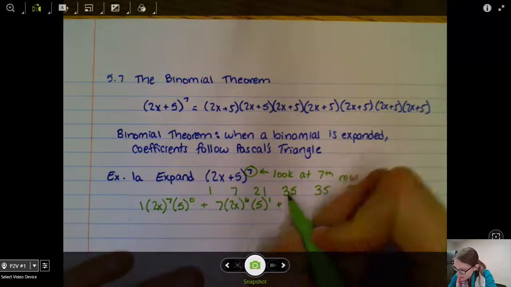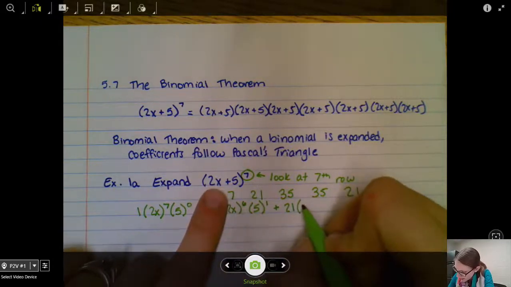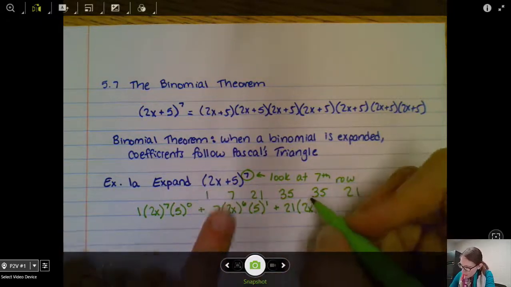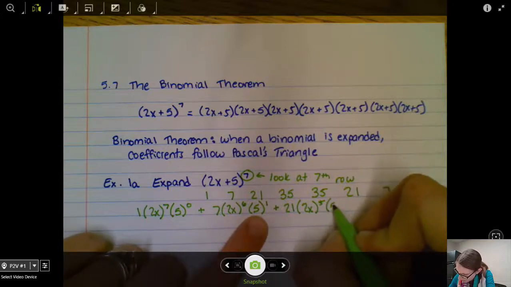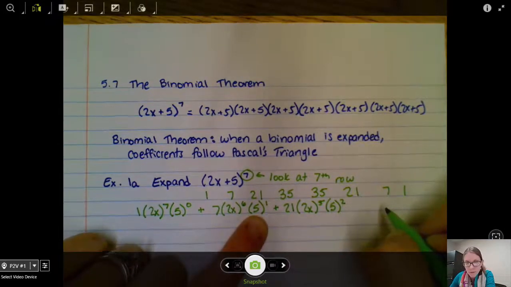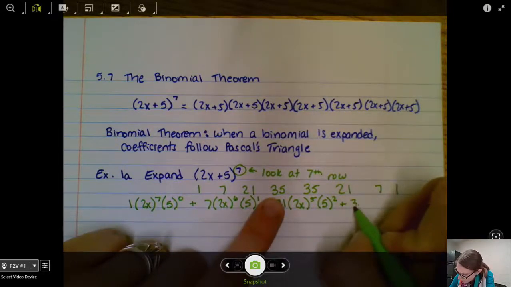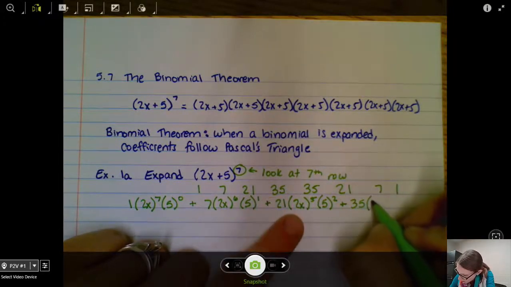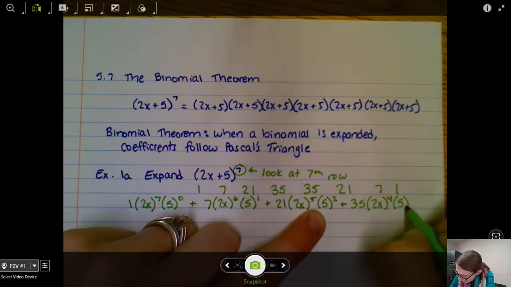And then my next term, I have 21 times 2x. We lose a power. The 5 gains a power. My next coefficient, 2x loses a power. 5 gains a power.